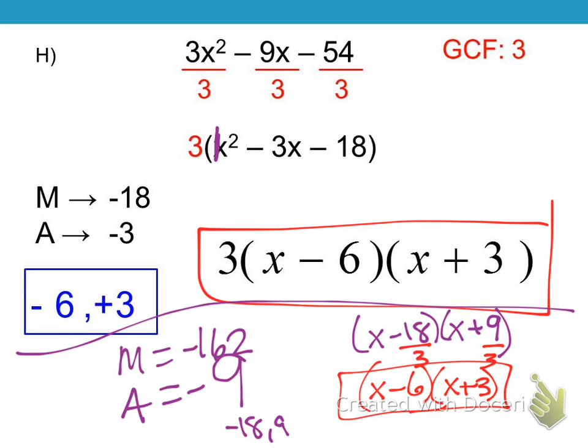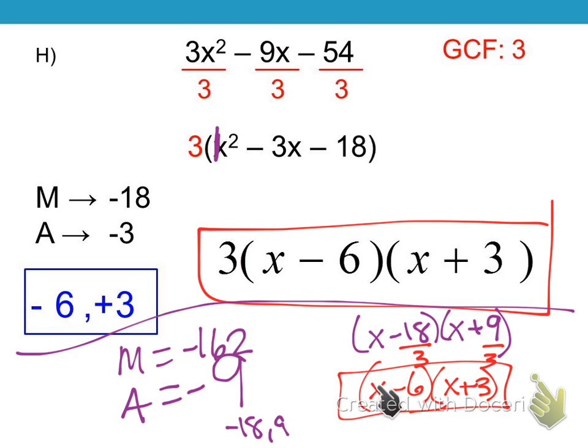The way you'd catch this mistake is logically. If you do x times x, are you going to get 3x squared as your leading term? You are not. So if you do bottoms up and they both reduce and you don't kick anything up to the front, you probably missed a GCF.